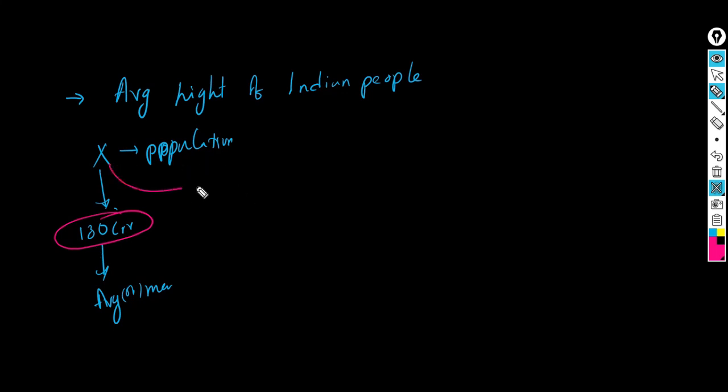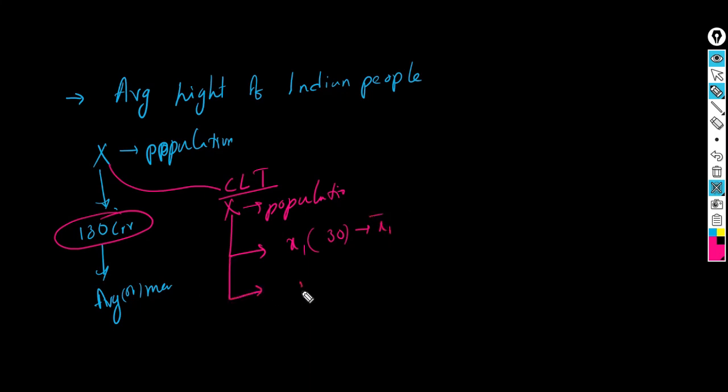In this case, we can use the central limit theorem. By applying the central limit theorem, X is the population data. From the population, we will take samples of people. We will consider the X1 sample. Suppose 30 people we take randomly from the Indian population, and we take the mean of those people, and we get X1 bar.